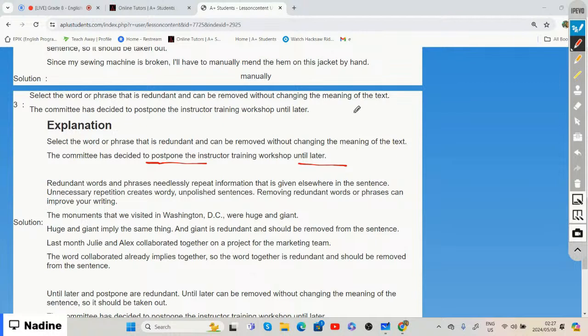All right. We said once again that redundant words and phrases repeat information that is given elsewhere within the sentence, and unnecessary repetitions create wordy, unpolished sentences. Removing redundant words or phrases can improve your writing.